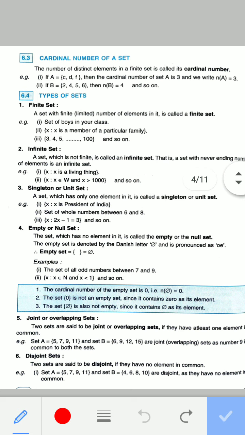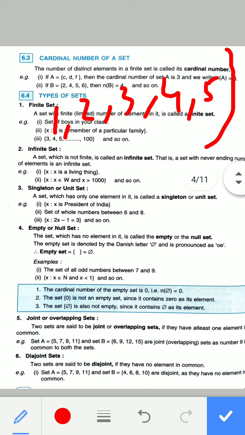For example, if a set is given as 1 2 3 4 5, what is the cardinal number of this set? 5. Is it finite or infinite? It is obviously finite, because the total number of elements is 5, which is a finite number. So this is a finite set.